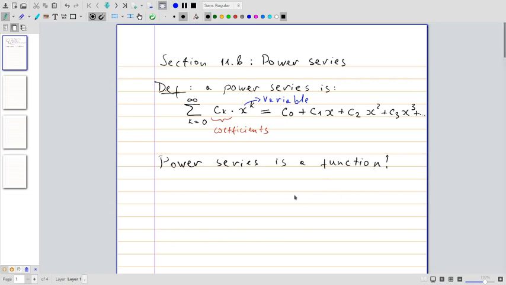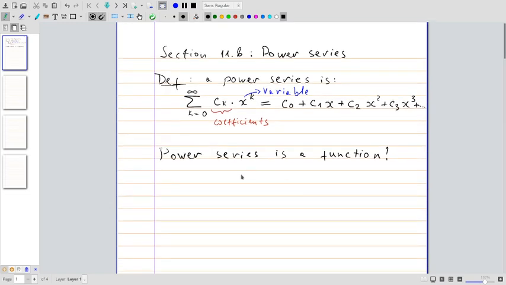In which sense? Well, if you think of a function as a device, a black box if you wish, that takes input, so this is the power series, it takes input in the form of the value of x, and it produces output.